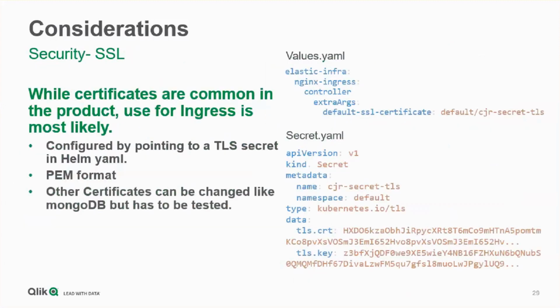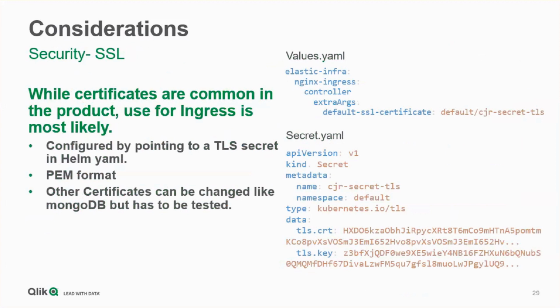For any instance where there's going to be end users, you are going to want to set up an SSL certificate for the browser, right? Certificates are used throughout the product, but the most common place you're probably going to run into it at first is the ingress service. It can be configured by pointing to a TLS secret in Helm, which I have an example of in the lower right-hand corner of what that could look like.